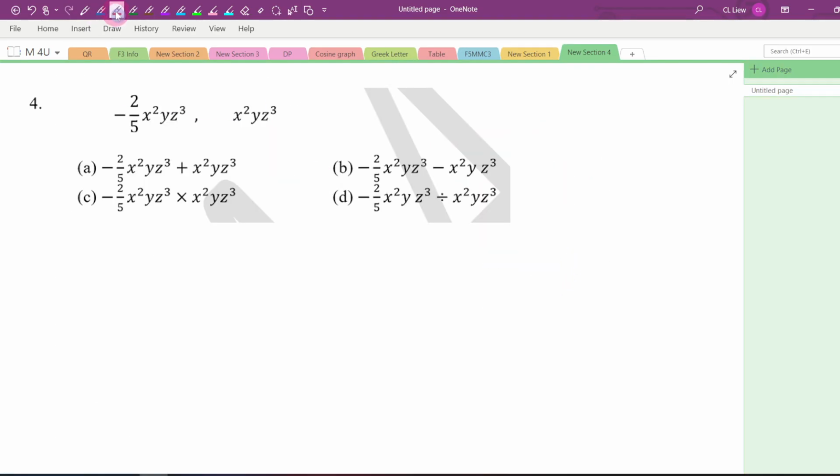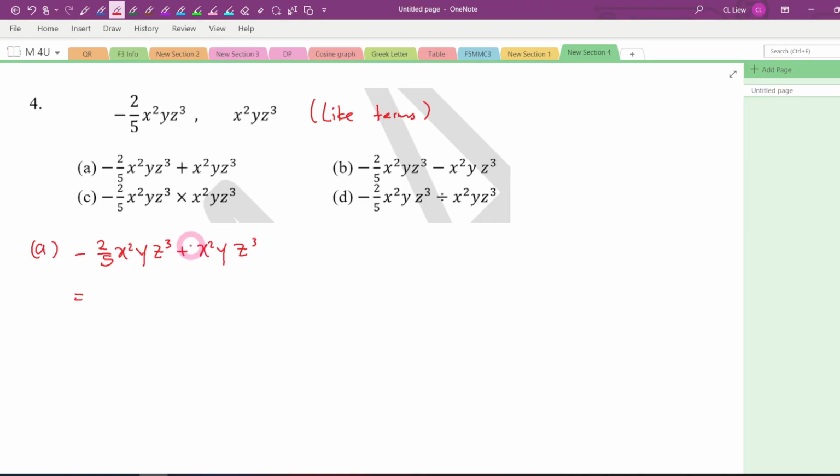Let's try question number 4. These two like terms, x squared, y, z power 3, z power 3. Yes, they are like terms. So for like terms, we can perform addition, subtraction, multiplication, and division. Negative 2 over 5 x squared y z cubed plus x squared y z cubed.